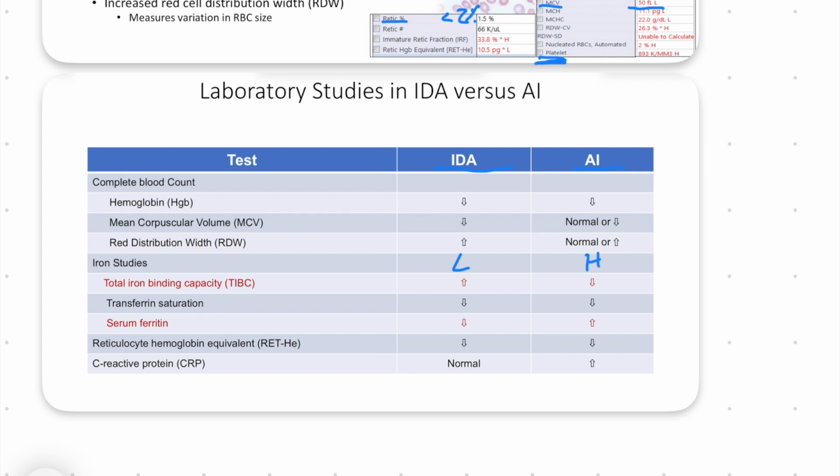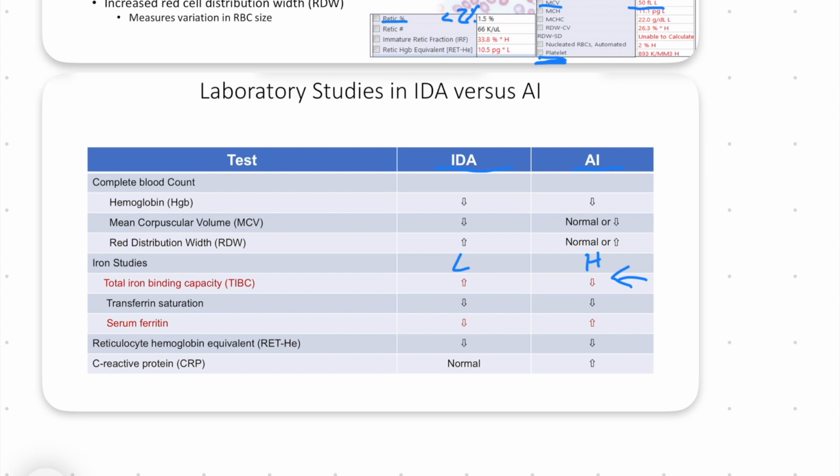In anemia of inflammation, we have a lot of stored iron, so we have a lot of serum ferritin, but our ability to actually process the iron and use it is reduced. So we would expect this key finding in iron deficiency anemia: total iron binding capacity is high.